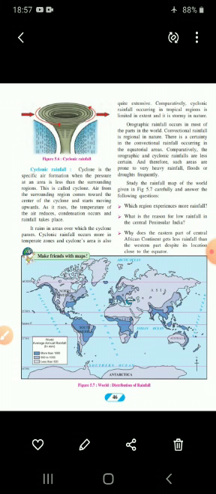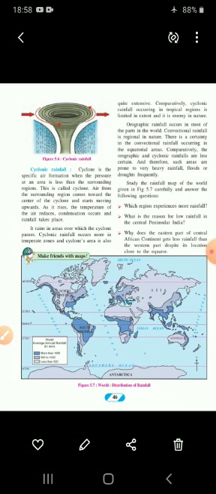So the low pressure is in the middle, and in the outer area it is higher. A cyclone is a specific air formation when the pressure at an area is less than the surrounding region. Less pressure in the middle and higher pressure in the surrounding area.